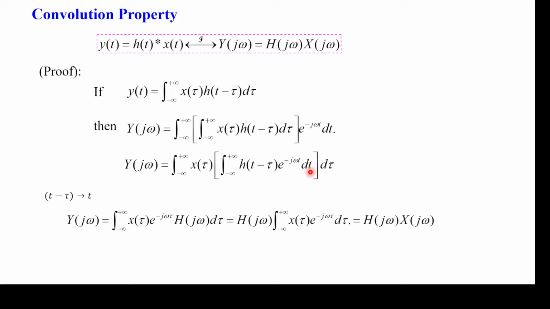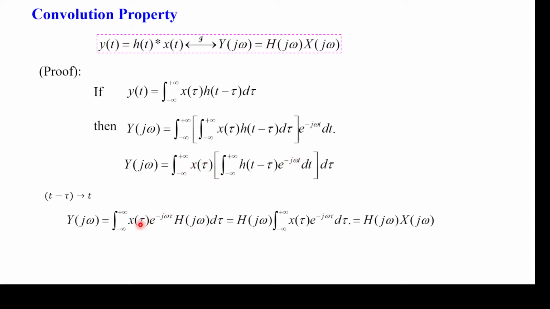Then dt is sent to dt, because you are caring about t here, so tau is constant inside, and the integration area doesn't change. So this part now becomes the integration of h of t and e to the minus j omega t dt, and that's the Fourier transform of h. So after you do the change of variable, you get big H of j omega here.